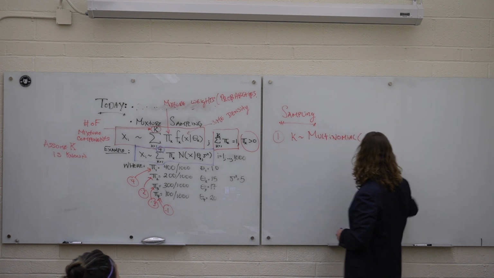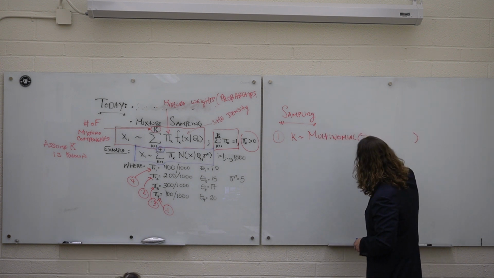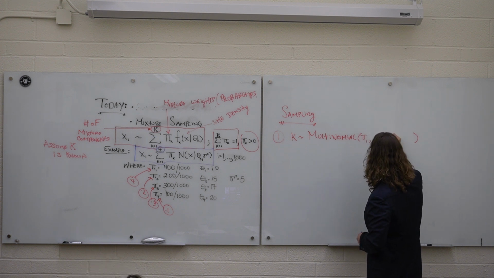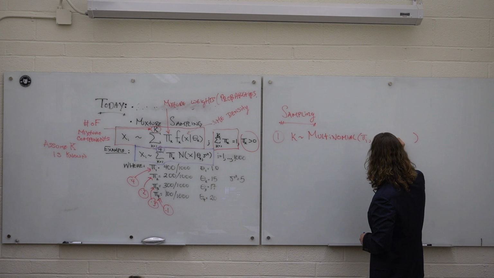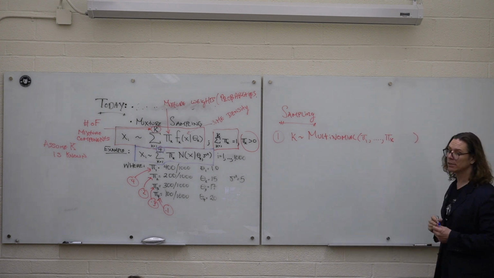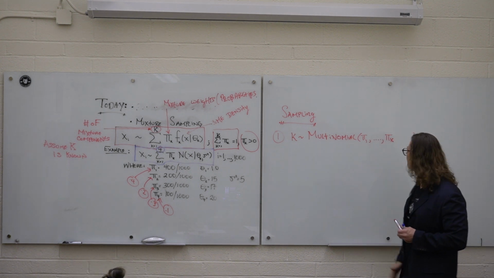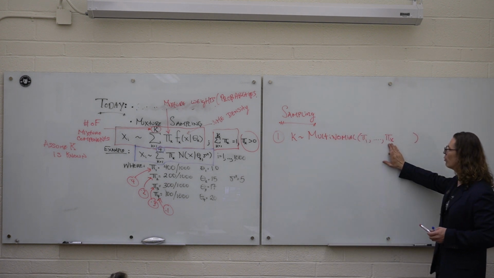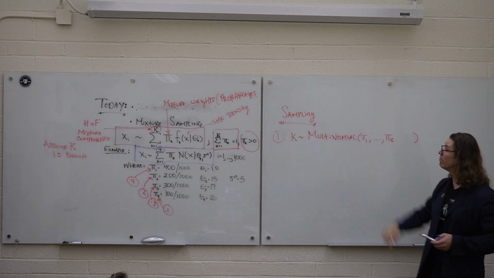And I'm going to have my different mixture weights in here, down to pi K, and keep this a little bit more arbitrary. So I'm going to flip this thing. If I were doing this in this example, I would have this be pi 4 right here, and I would plug those numbers in.